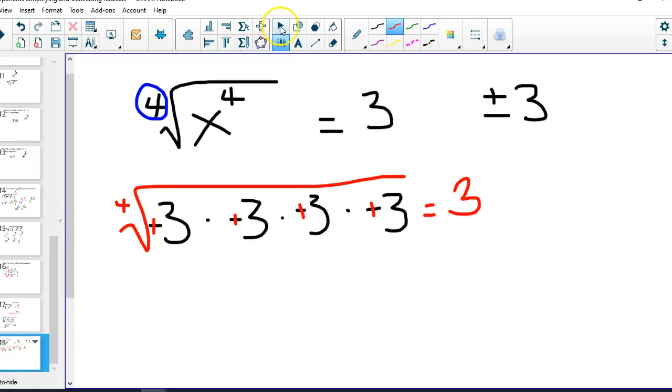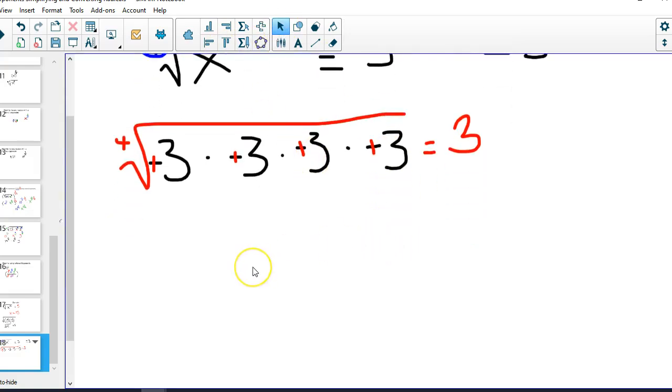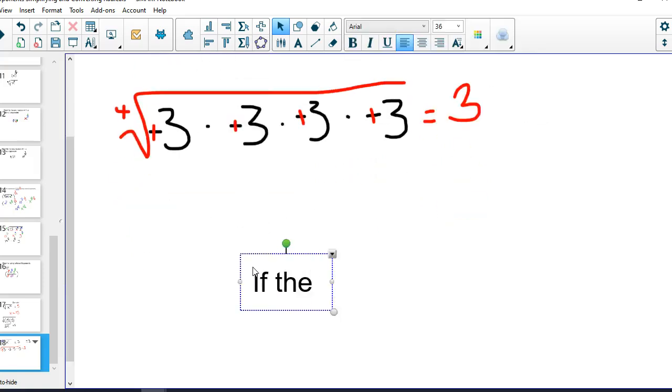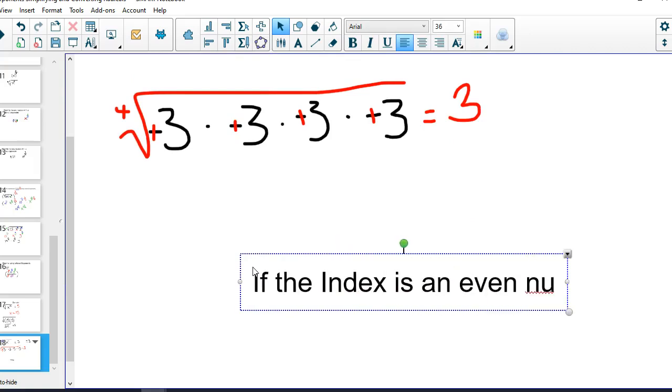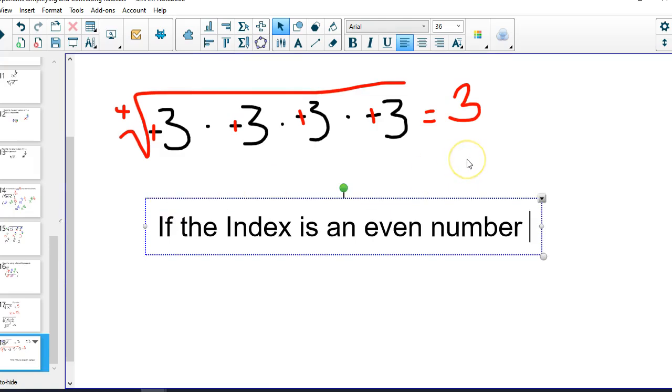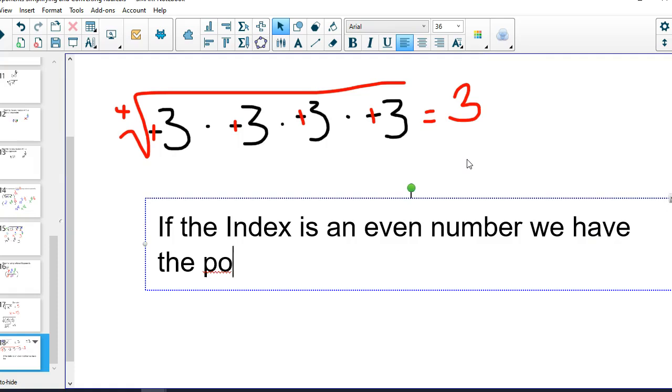But for our general rule, if the index is an even number, we have the positive and negative solution.